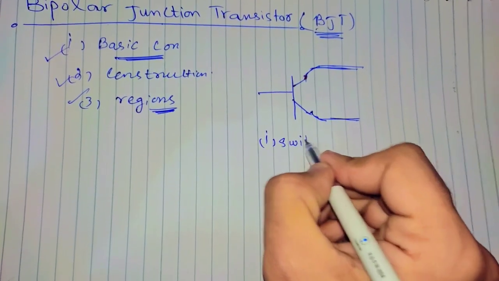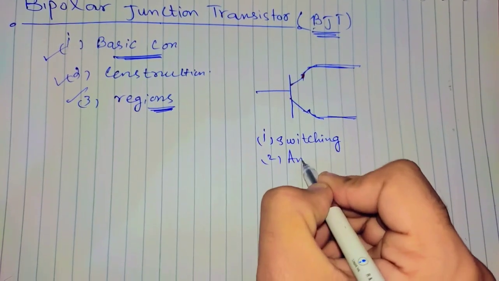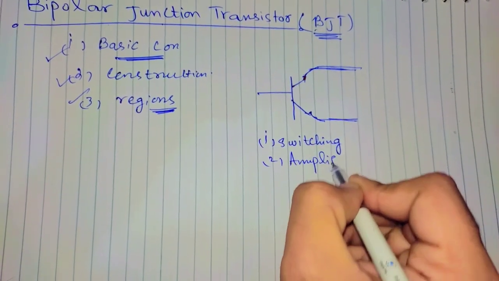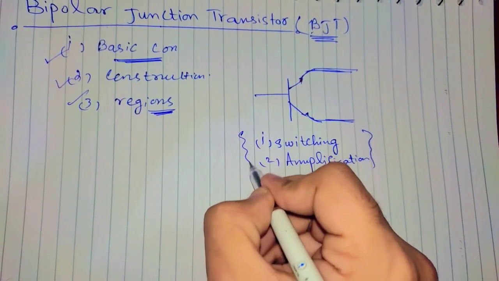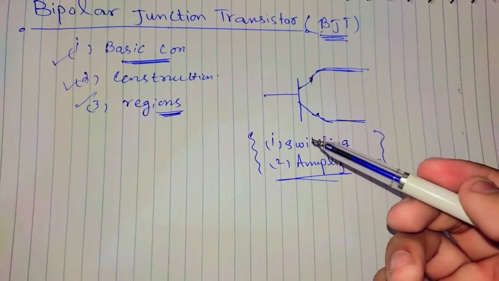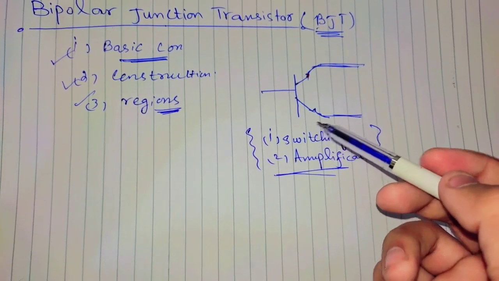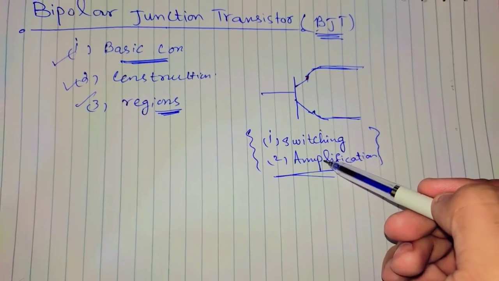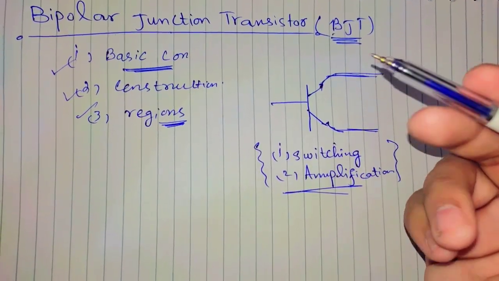First one is switching and the second one is amplification. So always remember that bipolar junction transistors are semiconductor devices that can be used for switching and amplification purposes.